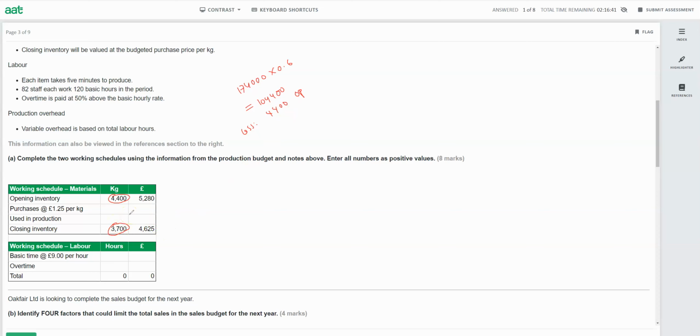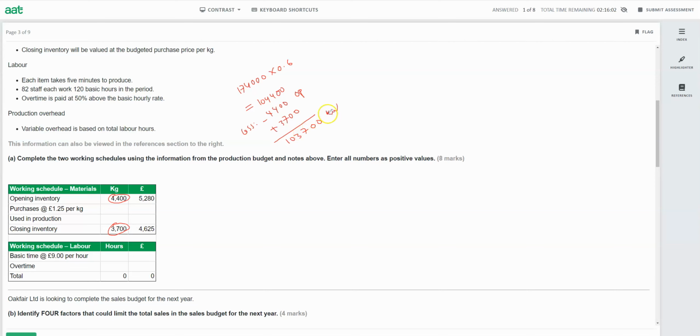That means after you use all this material in the production, we still want something to remain in the warehouse, that is 3,700 kilos. So we want to check how many kilos I then have to buy. We see here 104,400. We already have 4,400, so minus 4,400, plus we like to keep 3,700 as closing. So that means I have to buy 103,700.